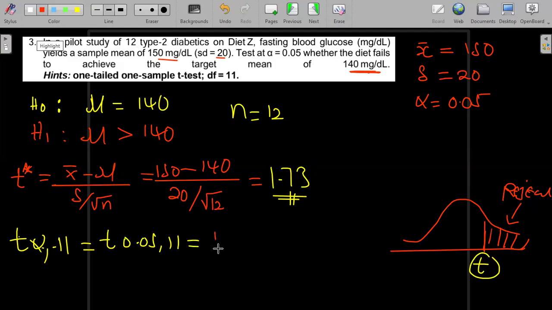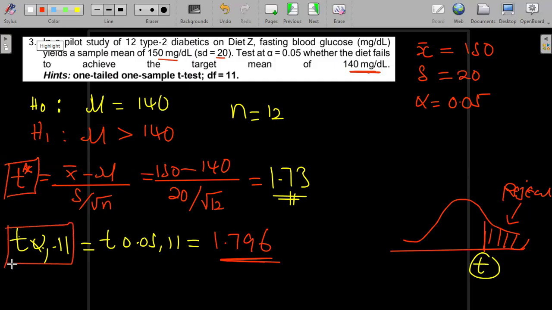Since it's a right-sided t-test, this one remains the way it is, a positive value. So now we compare the calculated t to this critical value.